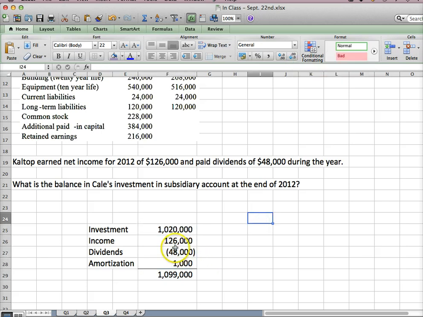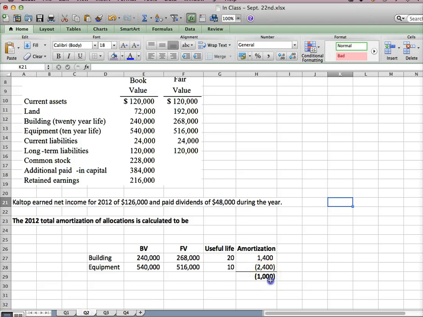Primarily, the thing here is that we started with an investment, added the income, backed out the dividend, and ordinarily this would be a minus for the amortization. But keep in mind that since the equipment was paid for at less than book value, it is being over amortized, and we must reduce that expense because the depreciation base should be 516, not 540.